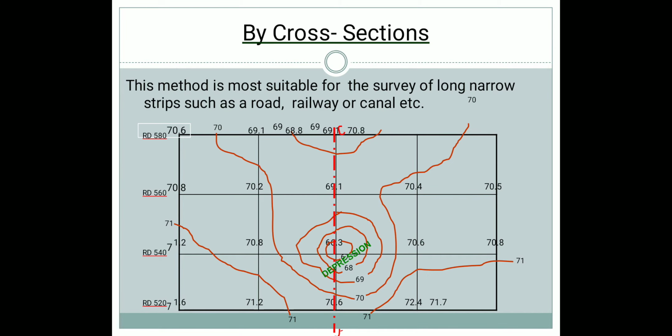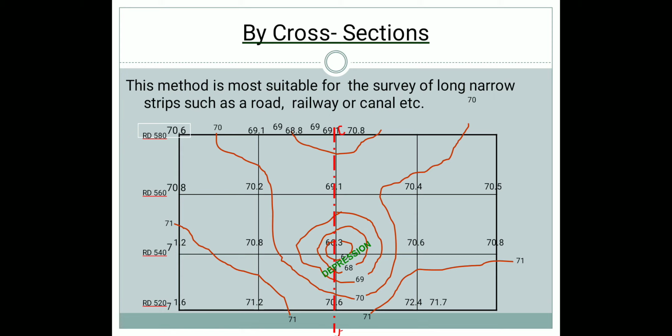Next is by cross sections. This method is more suitable for survey of long narrow strips such as a road, railway or canal. The cross sections are run transverse to the center line of the work, and representative points are marked along the lines of the cross section. The cross sectional lines need not necessarily be at right angles to the center line of the work.